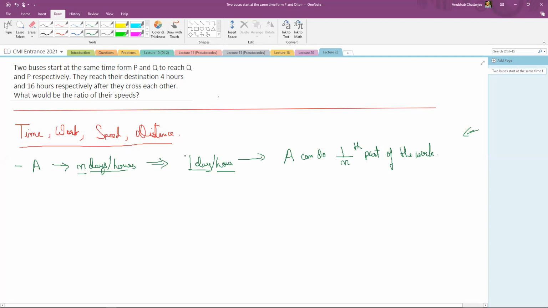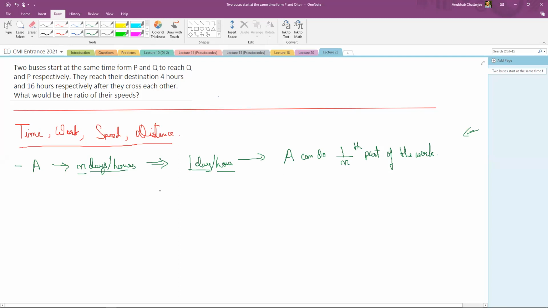So if it took A 10 days to build a wall, in 1 day A can build 1/10 of the wall. Very simple unitary method. Good? Clear? Okay.